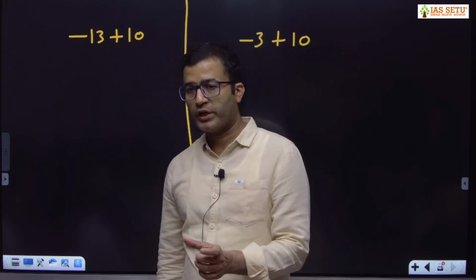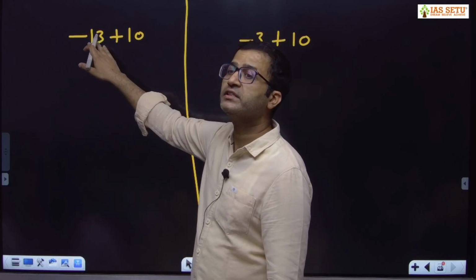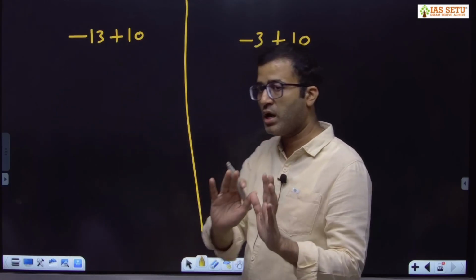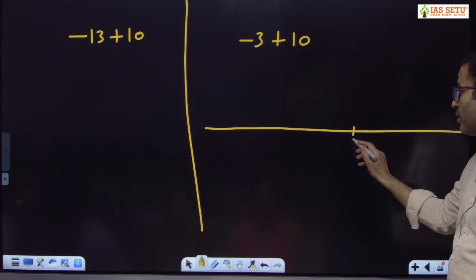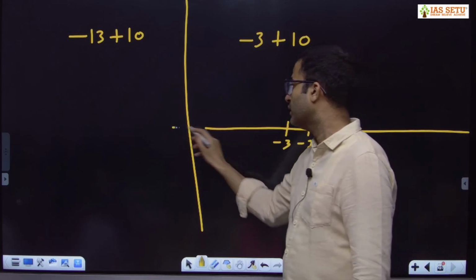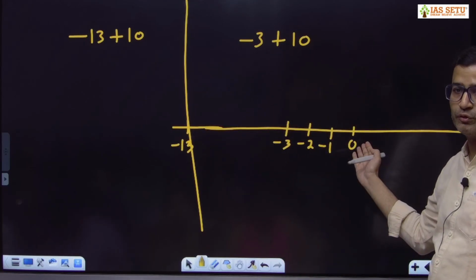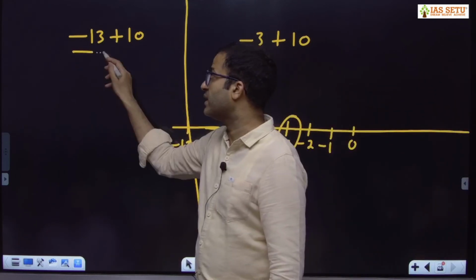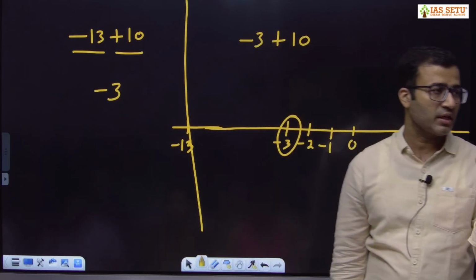So what is important here? When you have one negative integer, one positive integer, here negative integer is 13, positive integer is 10. स्कूल में अगर याद हो, might be your teacher told on a number line. उन्होंने नंबर लाइन पे पढ़ाया हुआ, ये 0 है, -1, -2, -3, it is -13. तो -13 में से 10 step you have to move rightward side, तो you come to -3. अगर ये करते हो तो what is -3 plus 10? -3. तो you see, negative integer and a positive integer.